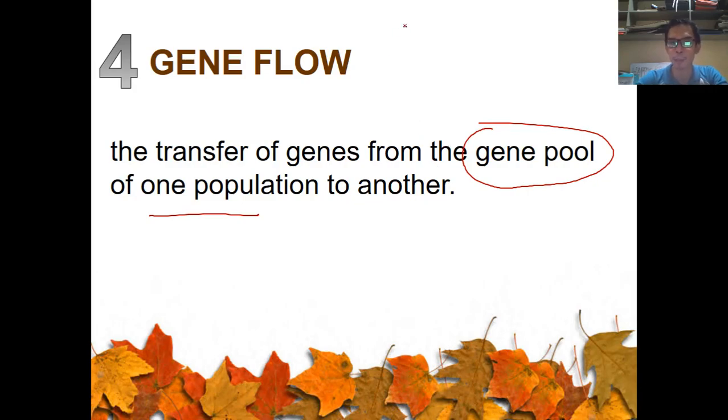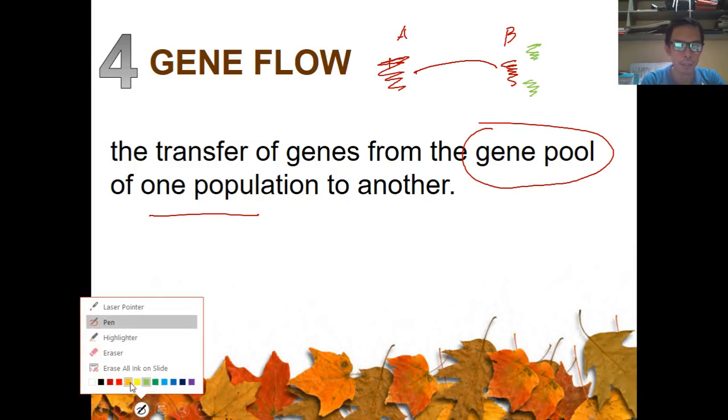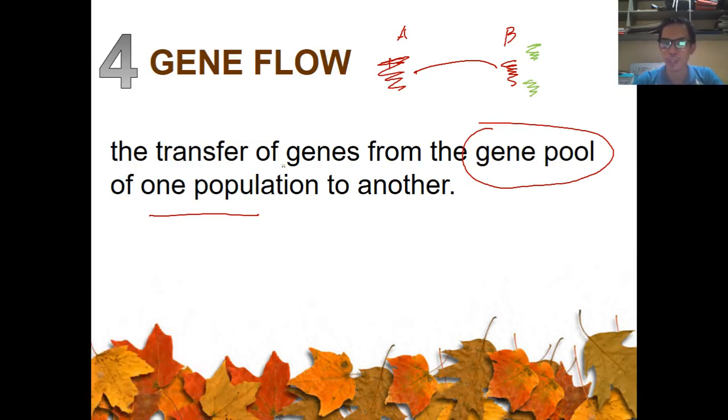So for example, if population A has this gene pool, then if genes from population A are transferred to population B, so let's change color, let's use green, population B will have a completely different gene pool. Let's use orange.